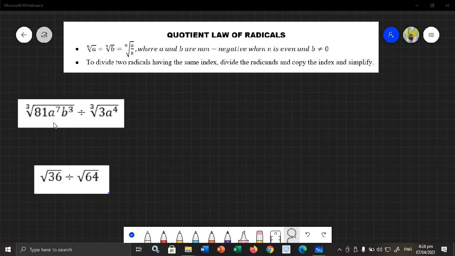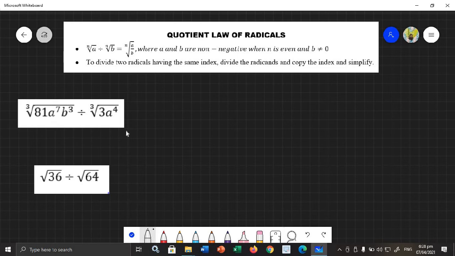Next we have example number 3, and as you can see, these radicals have the same index. Therefore, we can apply the quotient law of radicals in solving this.